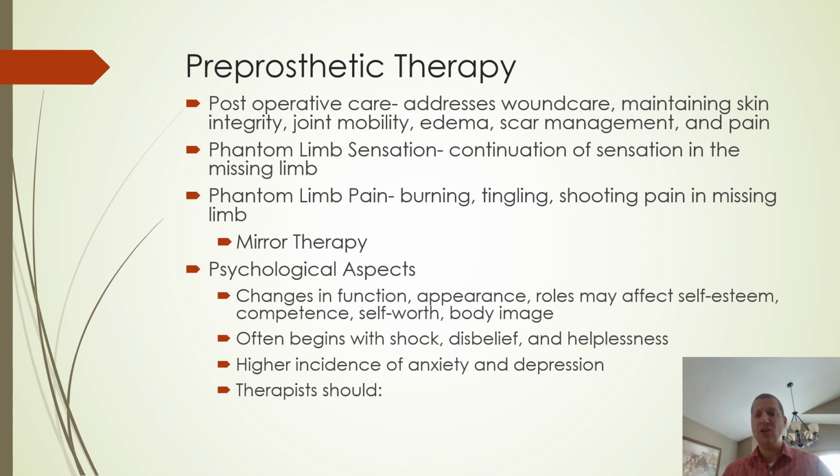They may have to change roles, which could affect their overall self-esteem, their feelings of confidence, their self-worth, their body image. They may be going through shock, right? This didn't happen to me, or disbelief. They may feel helpless or hopeless. There tends to be higher incidences of anxiety and depression.